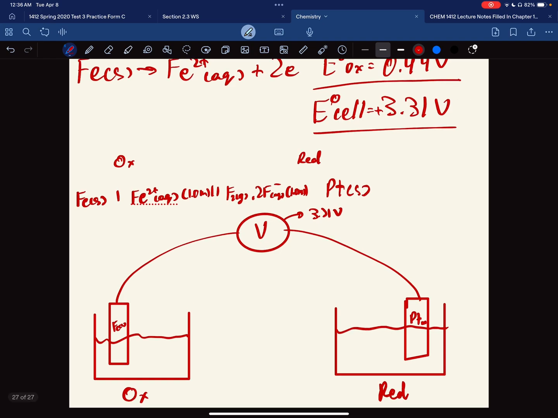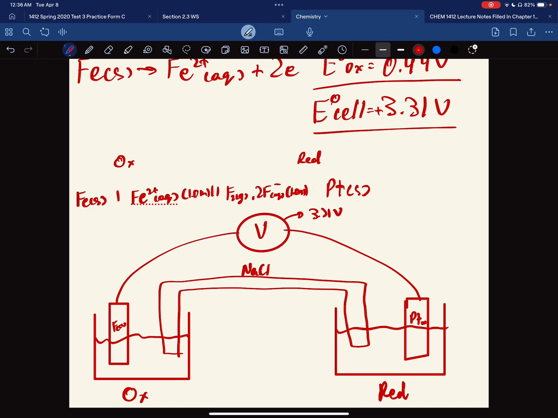And yes, we're also going to need a salt bridge. The salt bridge is going to be NaCl, but in this case, we will write it as Na+ and Cl-.